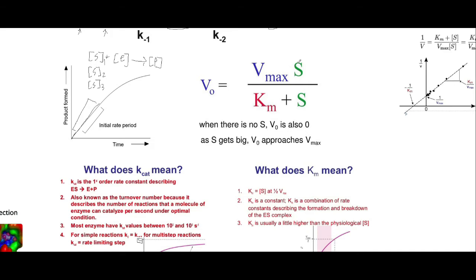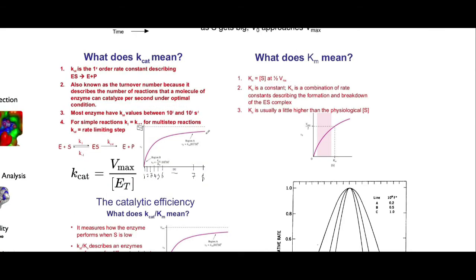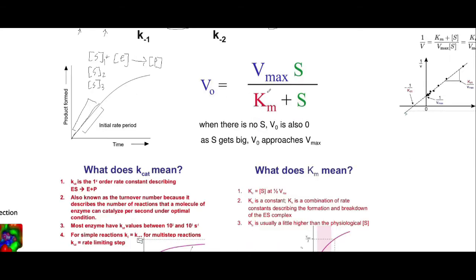We know the substrate concentrations because we are controlling them, and we keep our enzyme concentration steady for all of these different assays. Then we can get a curve like this, and the other thing that we learn from this curve is what's called the Km, the other thing we are trying to look for.